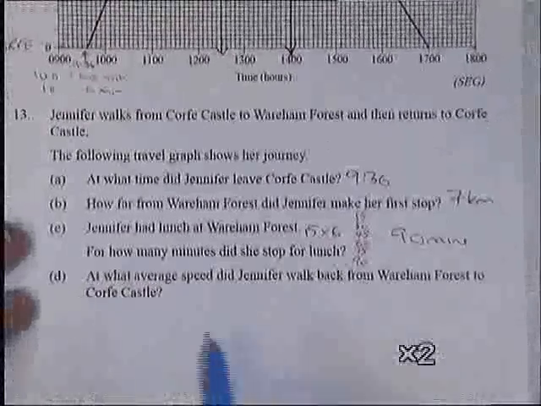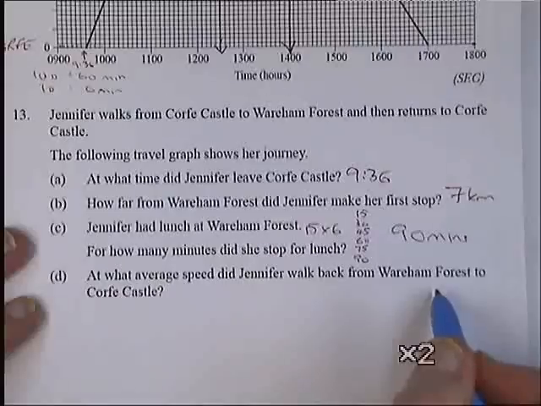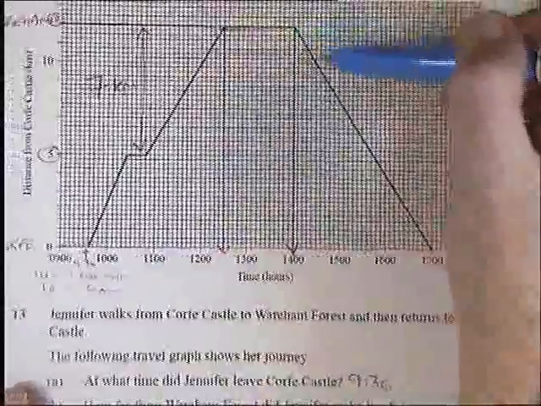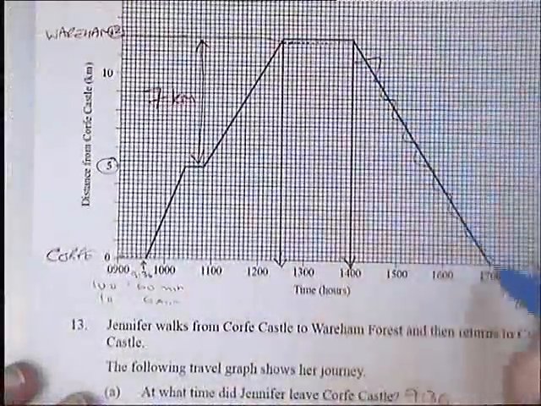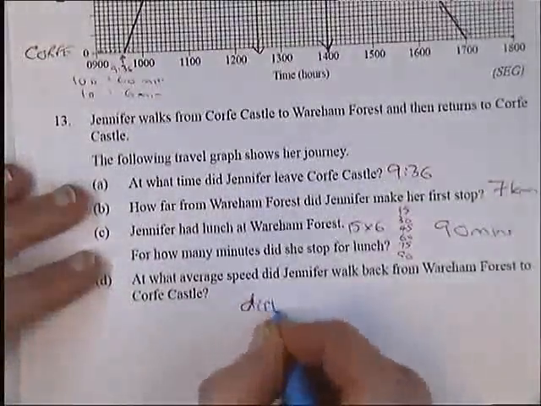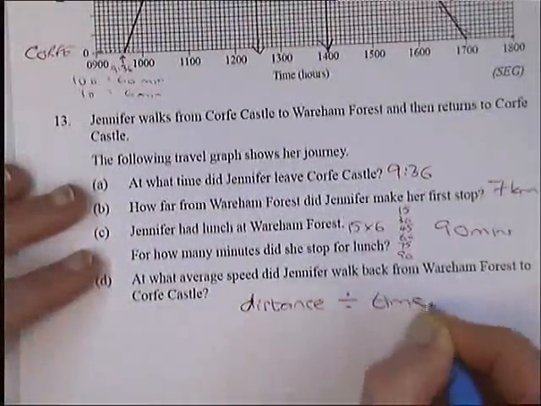Then it says, at what average speed did Jennifer walk back from Wareham Forest to Corfe Castle? Going from Wareham Forest to the castle, that is this part of the journey here. So we're interested in this part of the journey here. And speed is always distance divided by time.